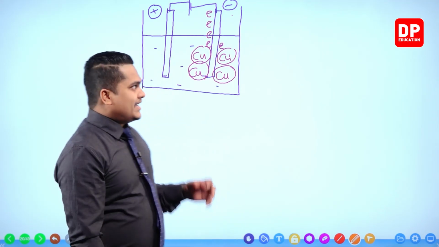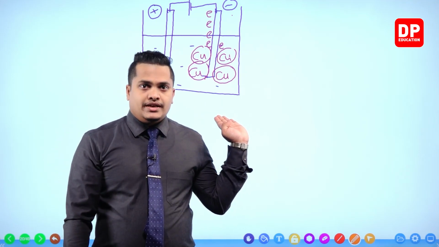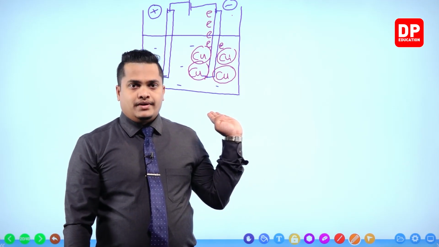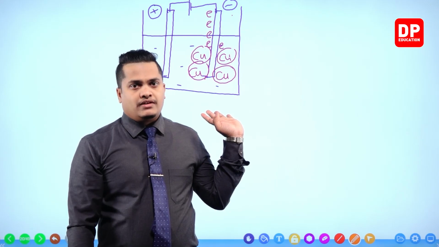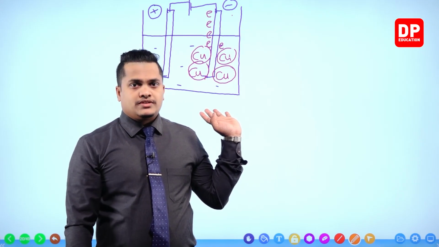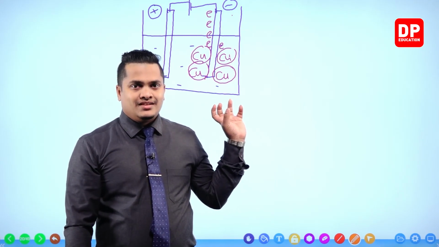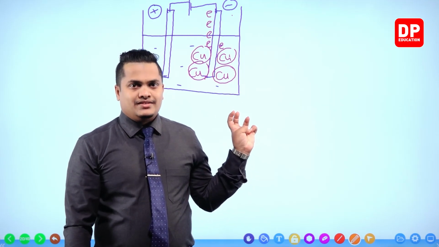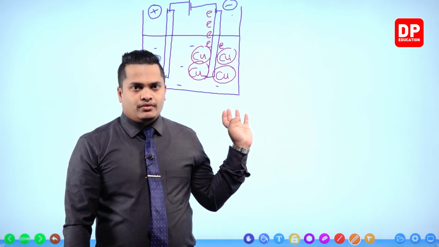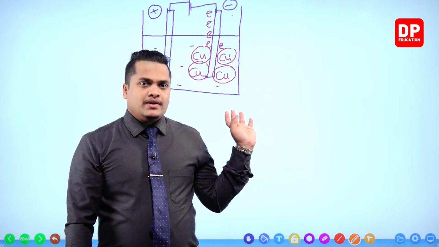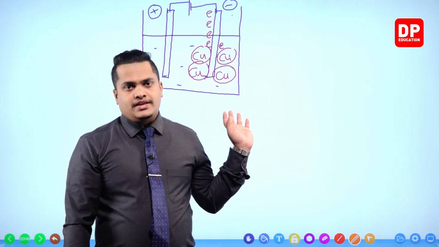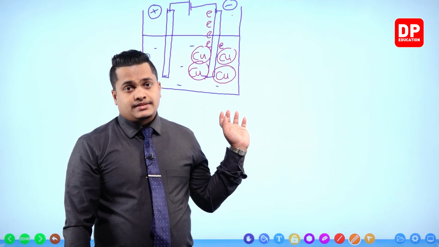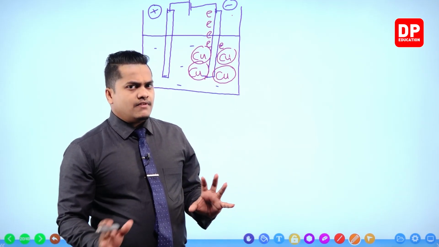Now the copper ions are getting converted into solid copper, so definitely the blue color will reduce, because there are no copper ions to provide the blue color to the system. So the blue color will gradually reduce.